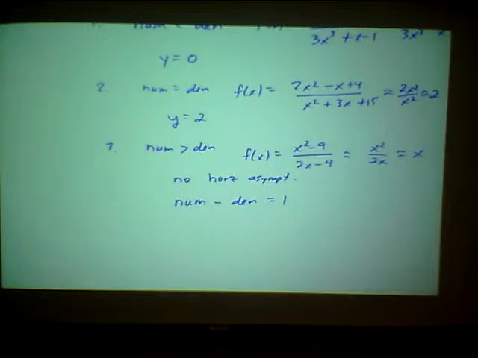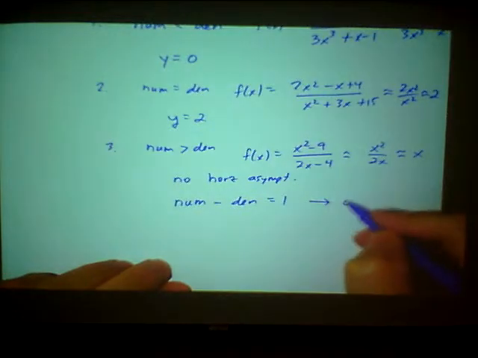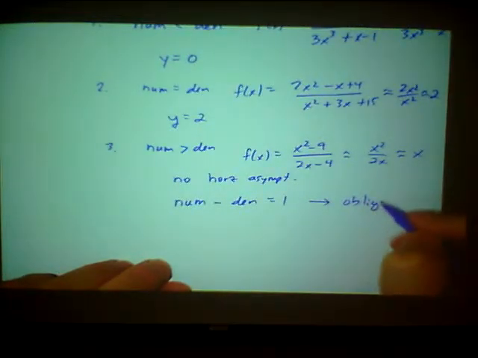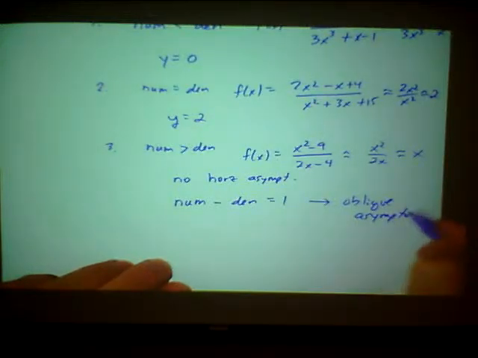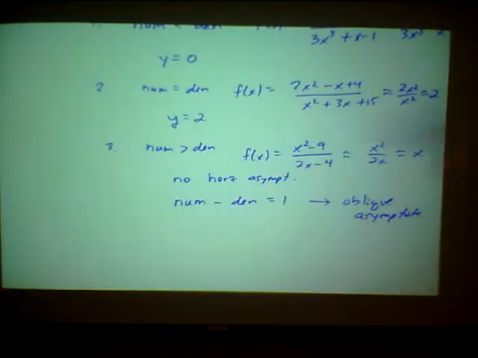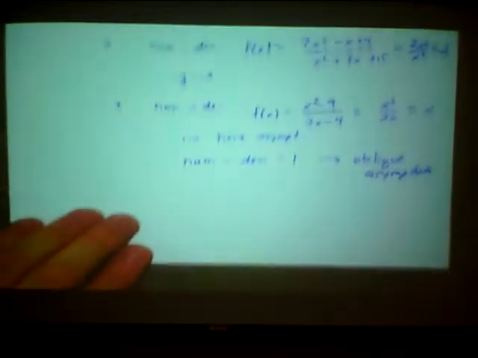In other words, the numerator exponent is 1 larger than the denominator. So there's still no horizontal asymptote, but in this case, we do have this thing called an oblique asymptote. Let me go ahead and work out this problem right here, and then you'll see what the oblique asymptote is.